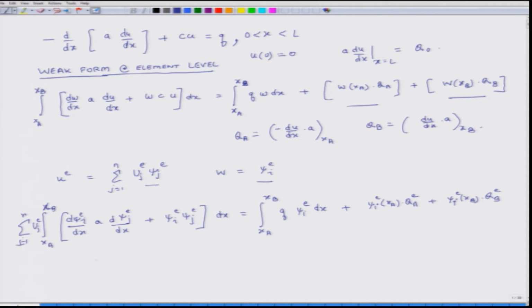And then we had from this relation expressed the same equation in matrix form. So, this is my K matrix for the eth element multiplied by the vector for the primary variable, which is u e, and this equals a force vector F e plus another force vector q e.